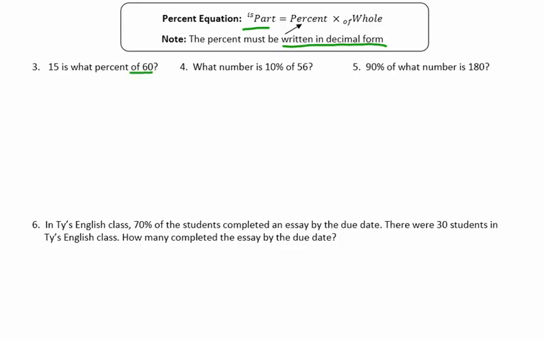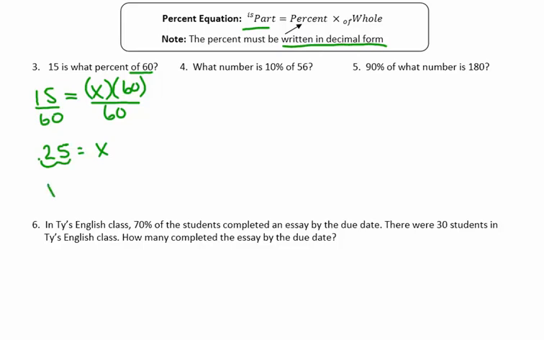Notice that word of, that's the whole. So 15 equals the percent, X, times 60. So that would be my equation. I'm going to solve for X by dividing by 60 on both sides. So 15 over 60 is 1/4, which is 0.25 equals X. This is not written as a percent yet. If I move the decimal place 2 places over to the right, I get 25%.